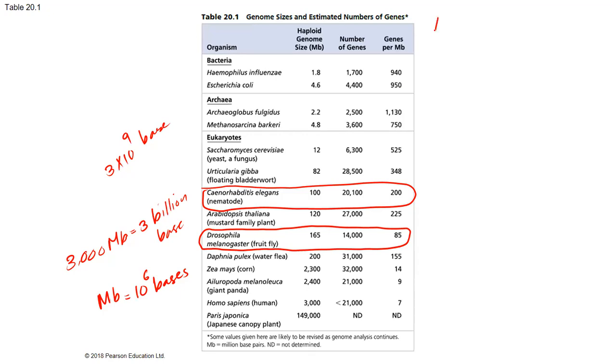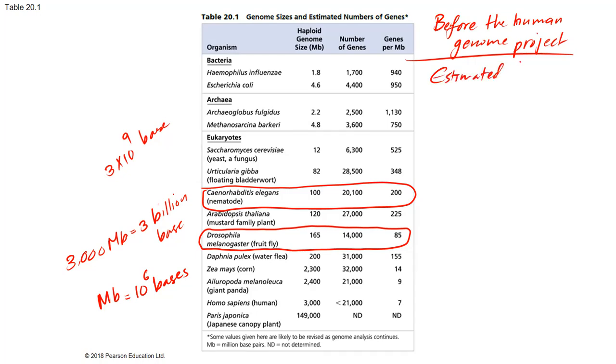For humans, before the Human Genome Project, before sequencing the human genome, scientists estimated that we would have 50 to 100 thousand protein-encoding genes.